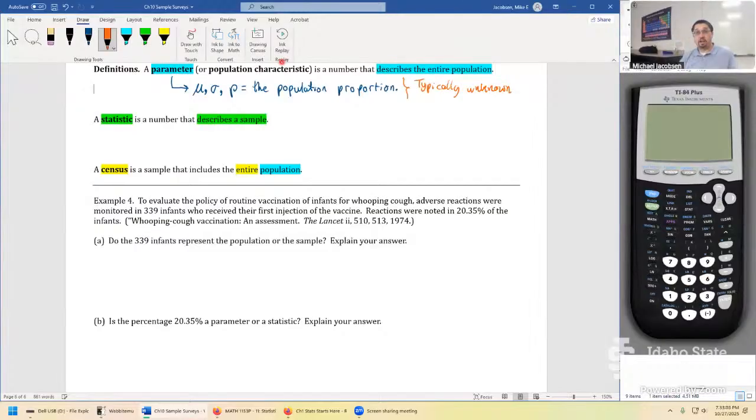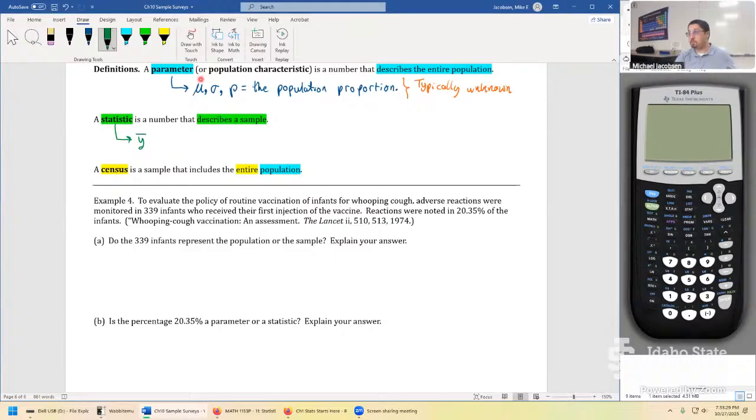With some very rare exceptions, like on the last example, we actually had a census available to us. And that was one of the reasons we actually knew the value of the parameter P. But censuses are sometimes extremely costly or just impossible to calculate. And so we use the statistic. Statistics that we've seen so far in this class have been Y bar, really the same order that we saw here.